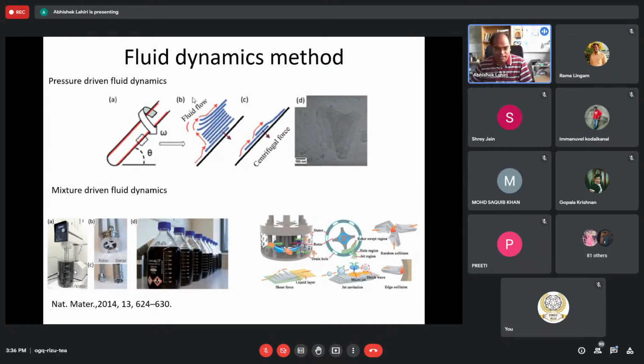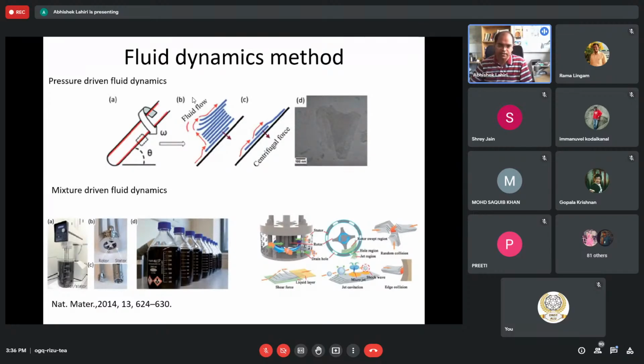So they took a rotor, put graphite flakes into the rotor and rotated it in a solvent, and within fractions of seconds they could obtain a large number of graphene materials. So you can see over here, these are bottles of graphene within 1 hour. So this was a unique technique and a very clear demonstration of obtaining two-dimensional structure from the bulk.